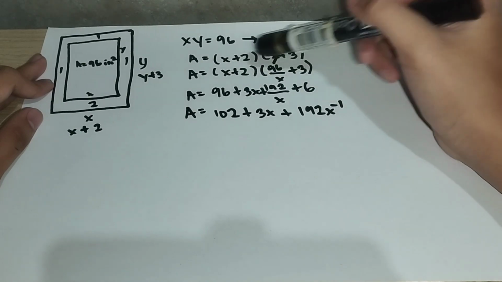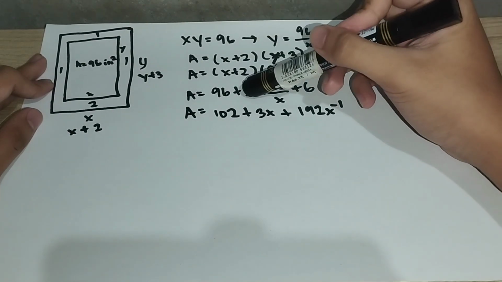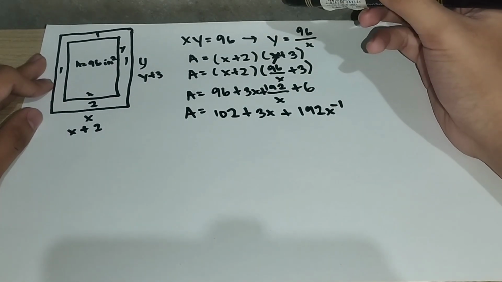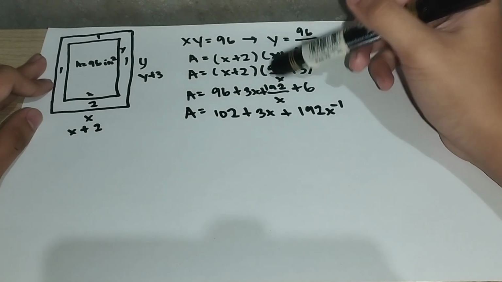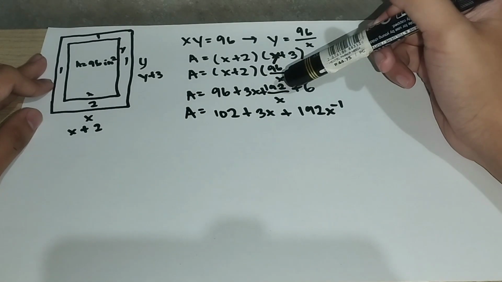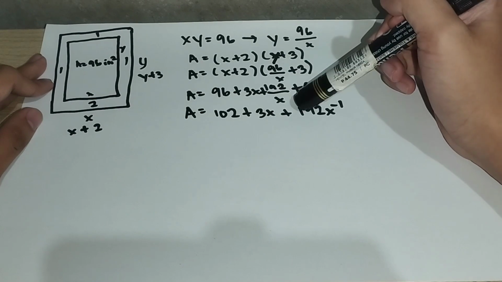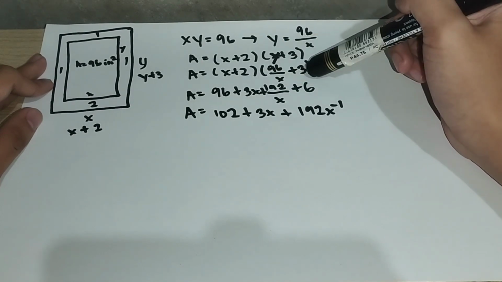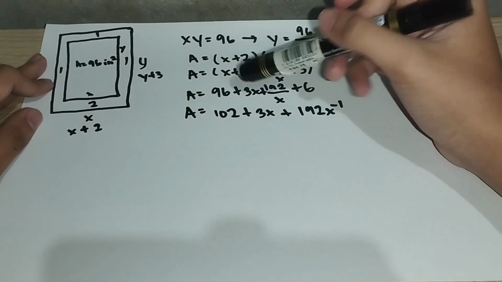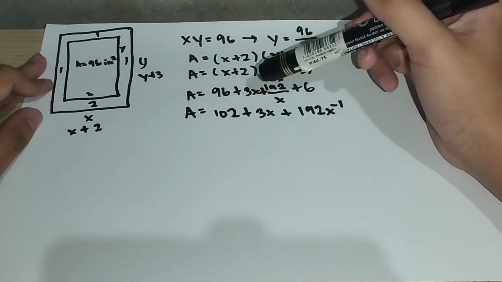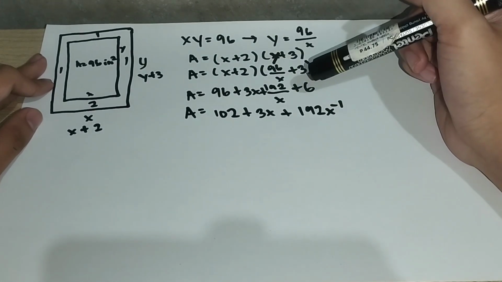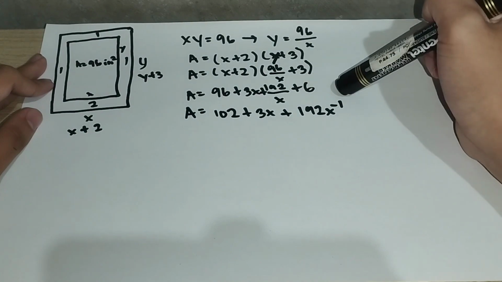Then X times 3 gives 3X. Then 2 times 96 over X gives us 192 over X. And then 2 times 3 gives us 6. So we have A equals 96 plus 3X plus 192 over X plus 6.